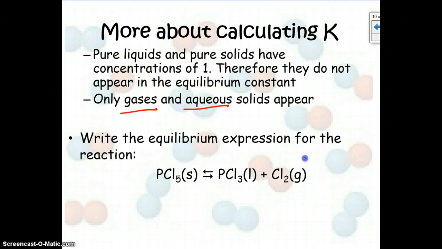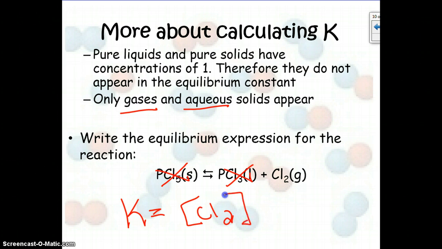So if we were looking at the following reaction and asked to write an equilibrium expression, we would have to look at only gases and aqueous. Essentially, this solid and this liquid do not matter. So it would basically just be the product of Cl2, and that would be the entire equilibrium expression.